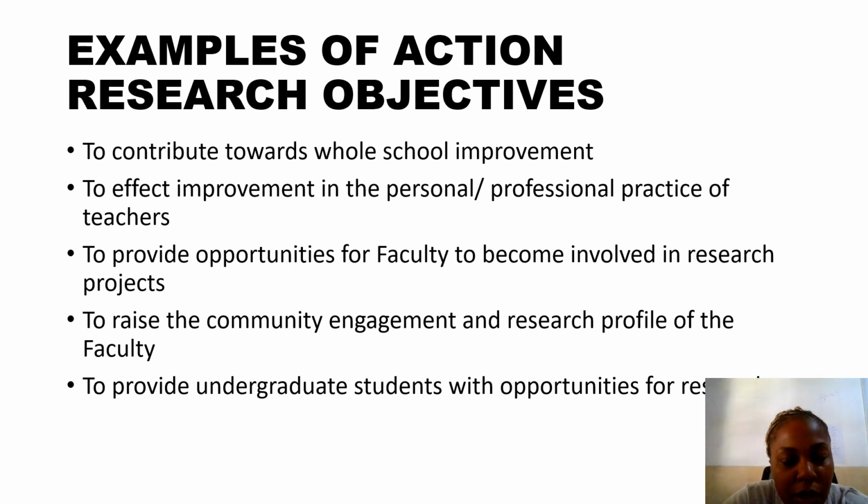So some of the examples of the objectives for action research which you can write are these: to contribute towards whole school improvement, to effect improvement in the personal or professional practice of teachers, to provide opportunities for faculty to become involved in research projects, to raise community engagement and research profile of the faculty, to provide undergraduate students with opportunities for research. You see?